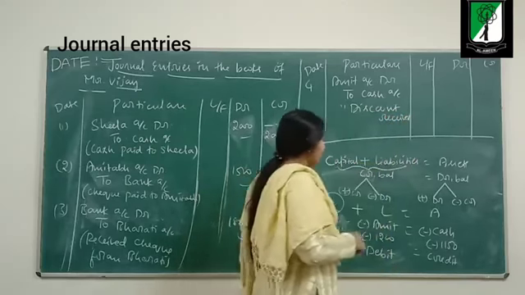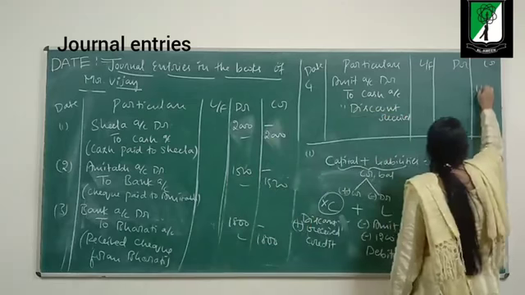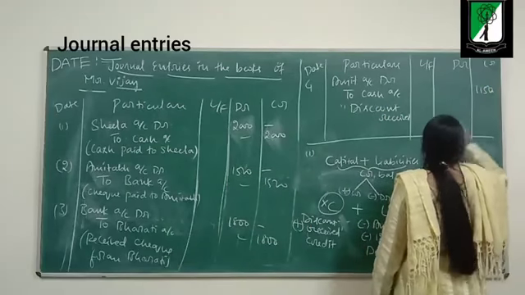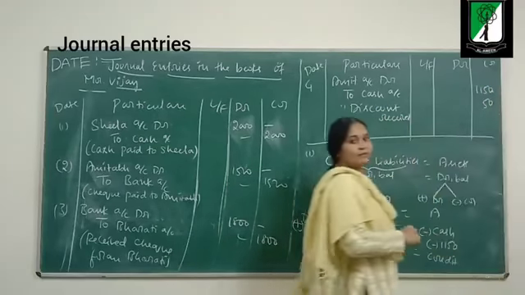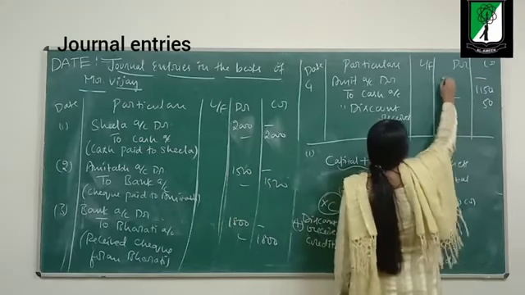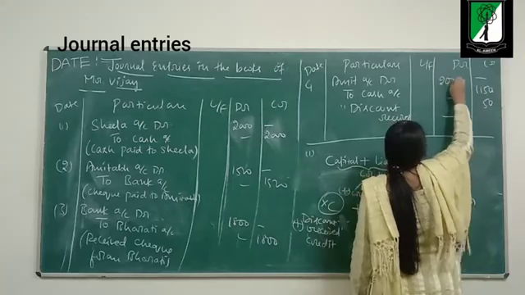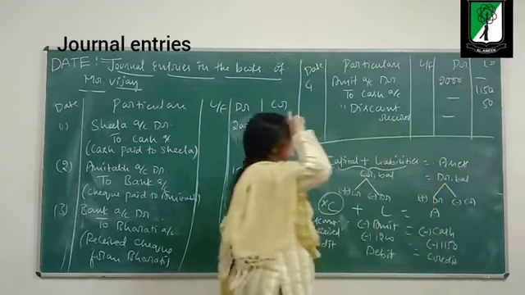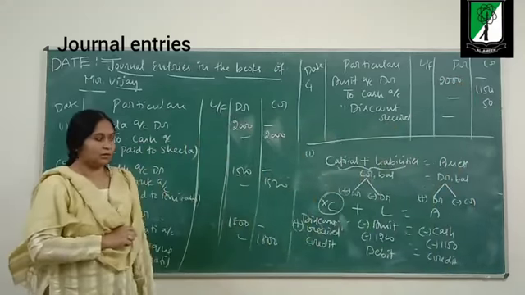How much cash is the business paying? 1150. What is the discount received? 50 rupees. Totally how much? 1150 plus 50 is 1200.